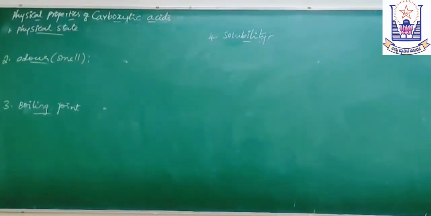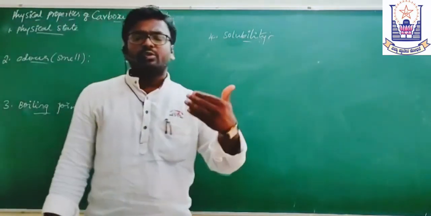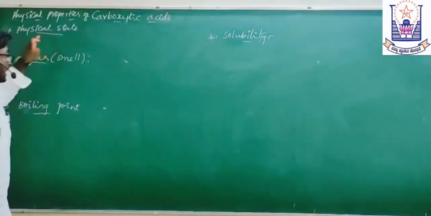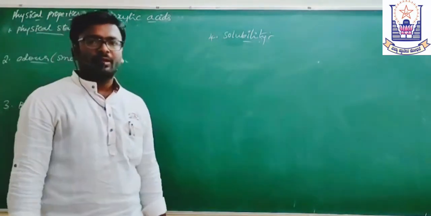Now we shall discuss some of the physical properties of carboxylic acids. Usually we shall discuss four properties: physical state, odor, boiling point and solubility. Okay.